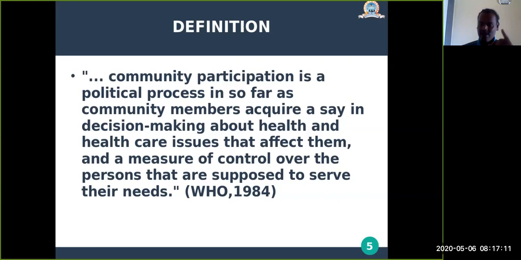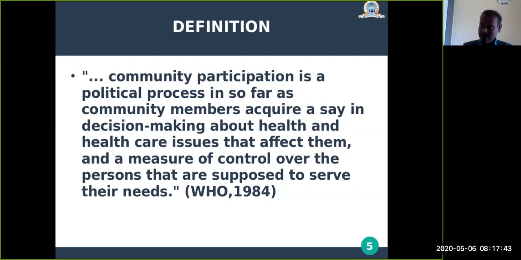It's a political process which involves community members having a say and also participating in decision making, and also controlling the persons who are carrying out the programs. Though you are running the program, if you are inviting community participation, you need to let all the members have a say in the decision making process, and also give control to the community.